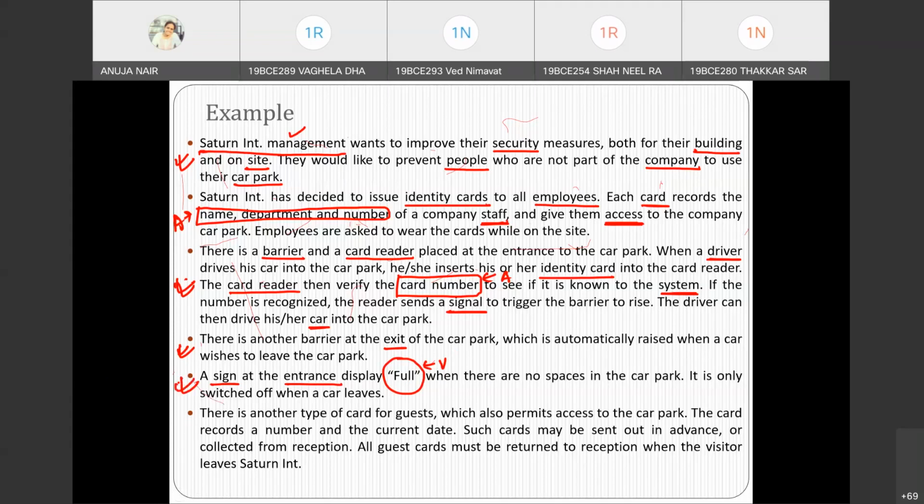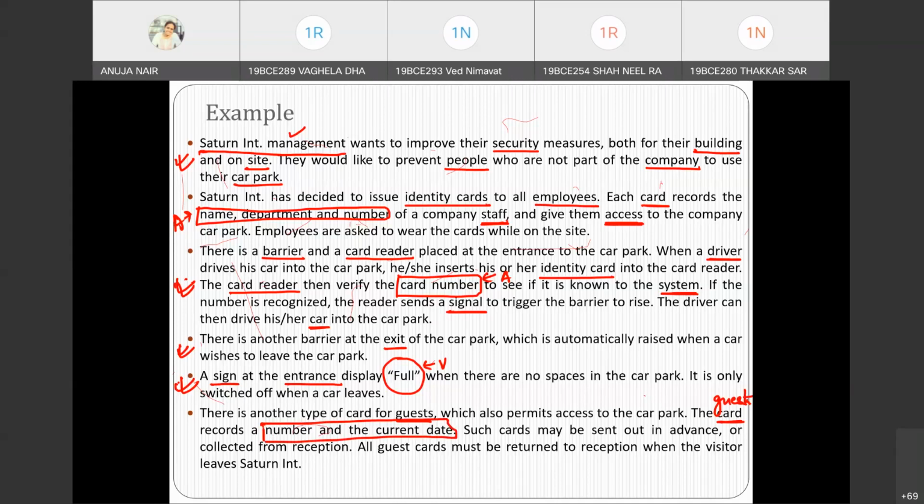What about the last statement? Guest, yes. Card for guest, that is guest card. I'll write guest card over here. This number and current date again is an attribute, right?